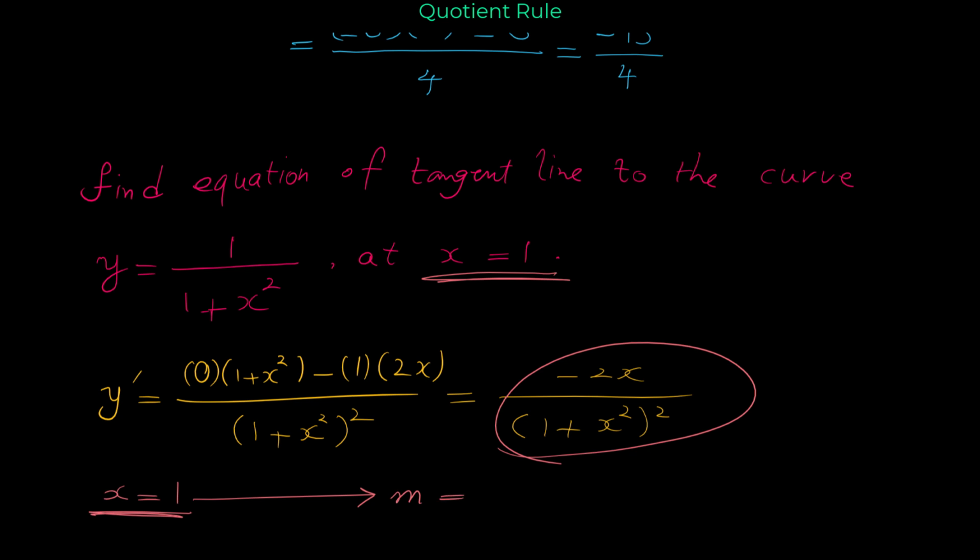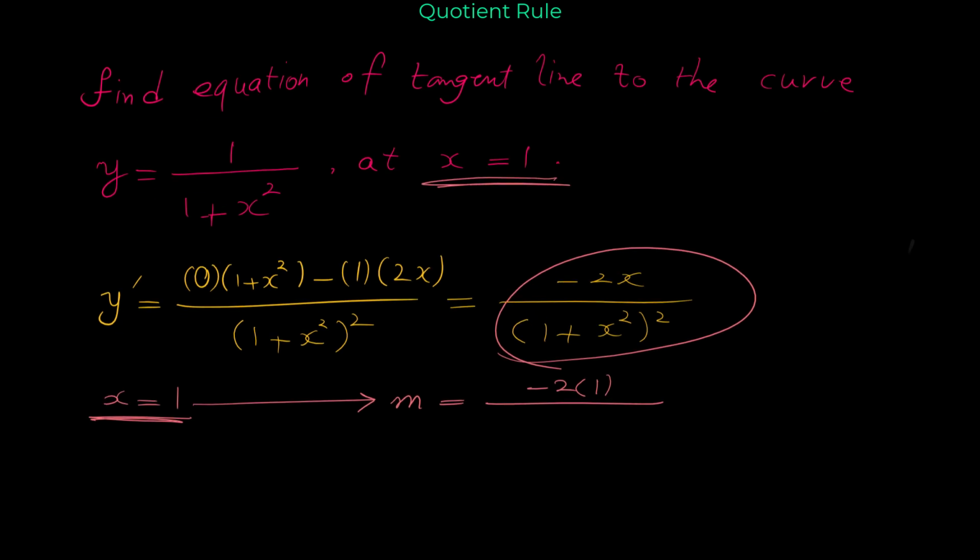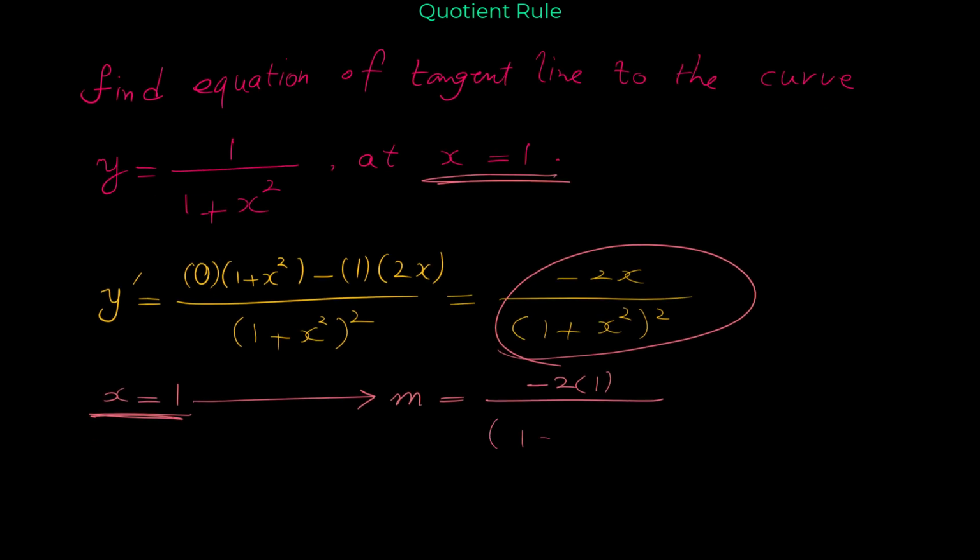The slope of the tangent line, we usually use m to show the slope of a line. So a slope would be negative 2 times by 1 over 1 plus 1 to the 2, all to the 2. This equals negative 2. This is 1 plus 1, 2. 2 to the 2 is 4. So a slope of the tangent line is negative 1/2.